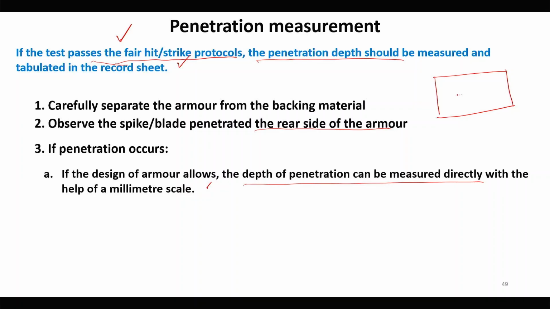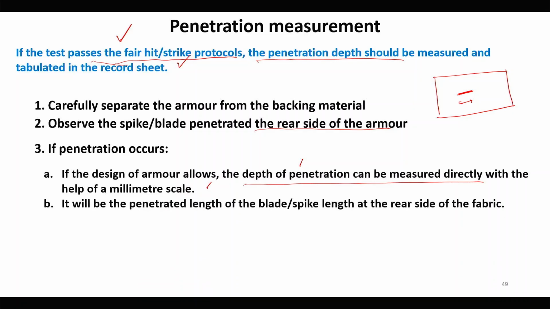If penetration is there and it is rigid, then we can directly measure the length of cut, and from there we can measure the depth of penetration. So, it will be the penetration length of the blade or spike at the rear side of the fabric.